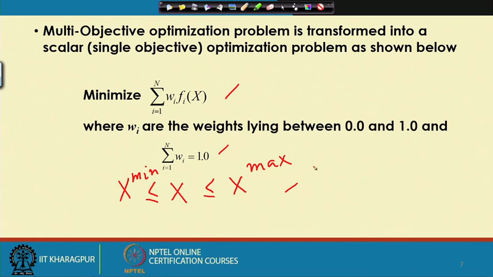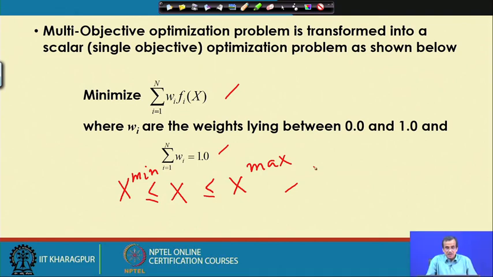Now, to solve this particular problem, if you see some literature, many people have used the traditional method of Lagrange multiplier. Now, I am not going for that. Using the Lagrange multiplier, this particular optimization problem can be solved. This is one way of solving.